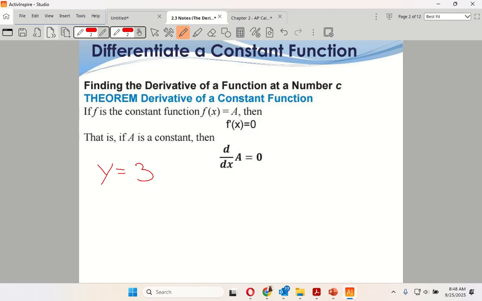So if it's any constant, what is the derivative? So this is a constant right here. Constants have no variables. So my slope, in this case, y prime, would be 0. So I know that is a straight horizontal line. Super easy, right? Okay.